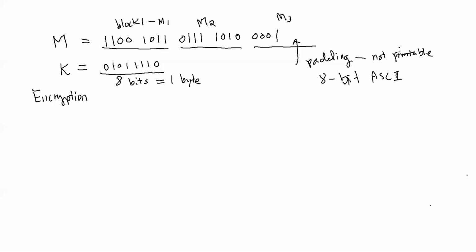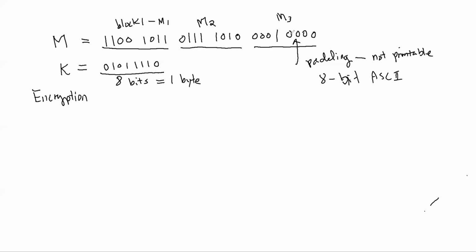But for this, let's just assume our original message doesn't have repeating zeros four times. So let's say this 0, 0, 0, 0, in our case, is not printable, which means it's not going to be in your plain text. So then we can just pad this.